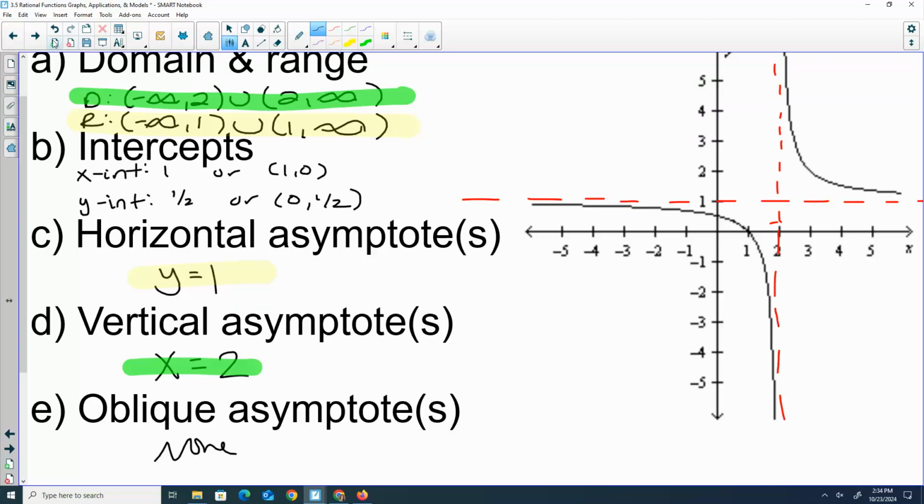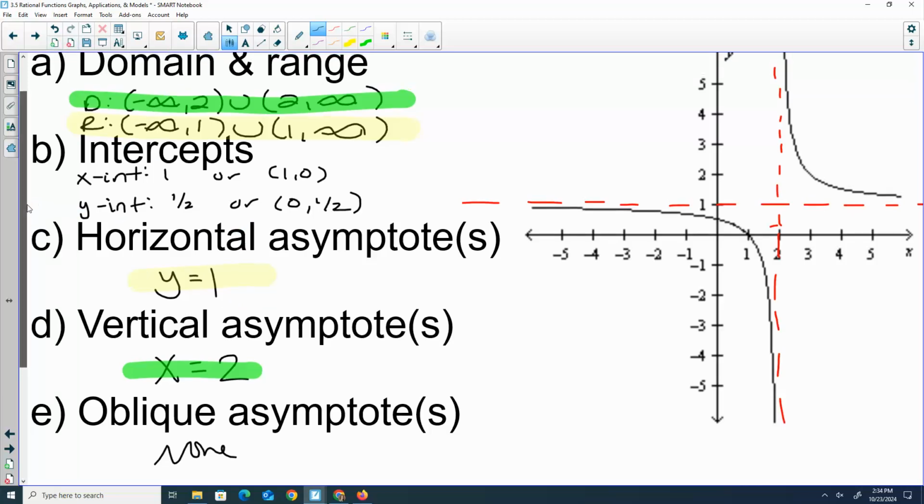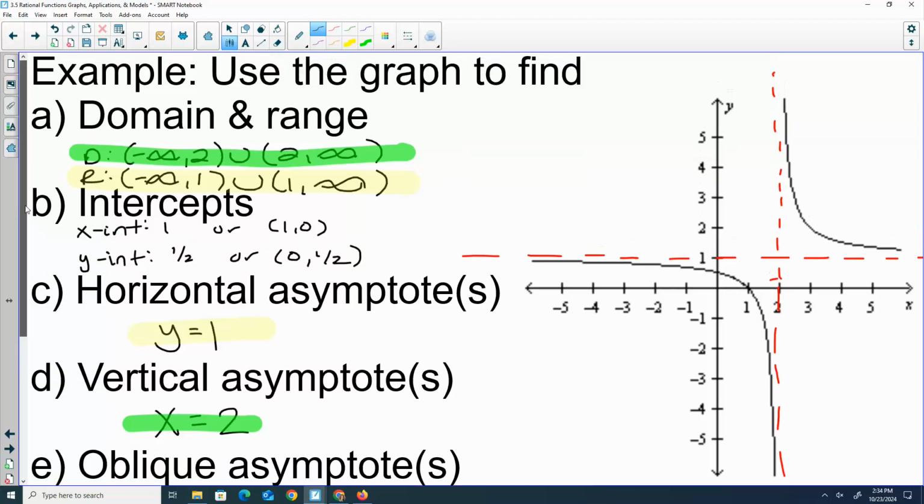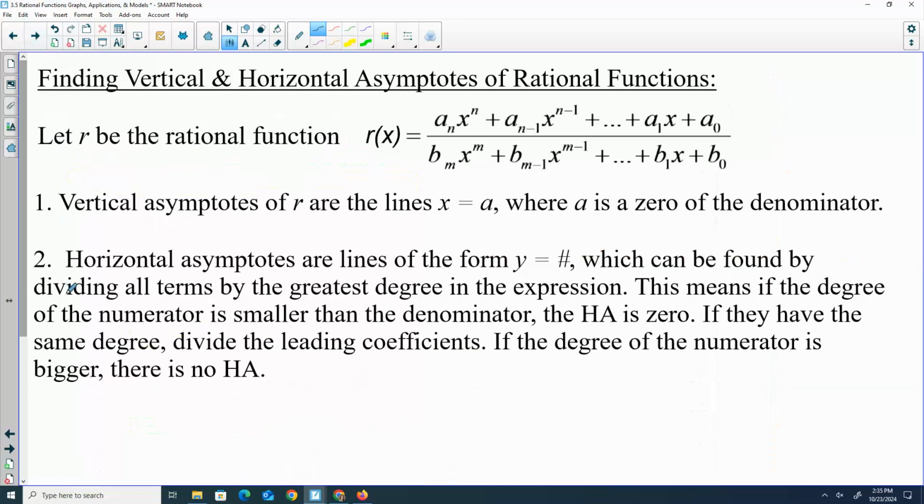So now let's talk about how to find them. You should probably be able to tell me how to find the vertical asymptote right now. My vertical asymptote was at 2. Where did that come from? What was that related to, we said? That was our domain, right? The number that x can't equal in the domain is giving me a vertical asymptote.